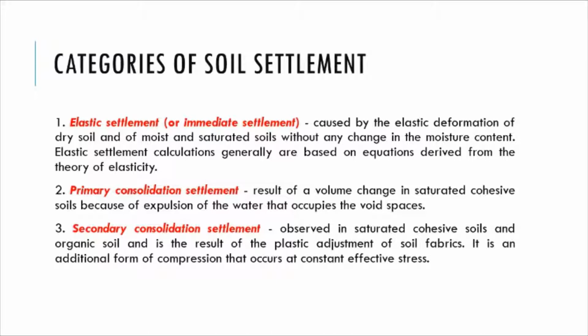So, if the primary consolidation settlement is due to volume change in saturated cohesive soils, the secondary consolidation settlement is because of the elastic adjustment of soil fabrics. So, it occurs in very cohesive soils. Secondary settlement may also not occur after primary consolidation settlement if the soil is not that cohesive.